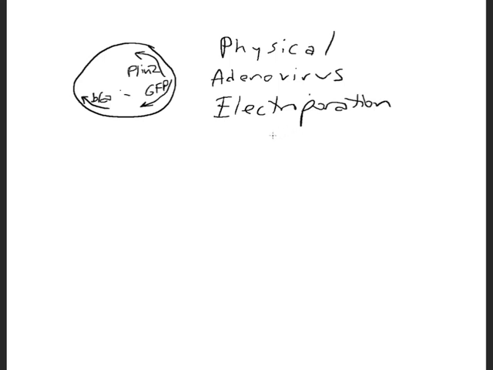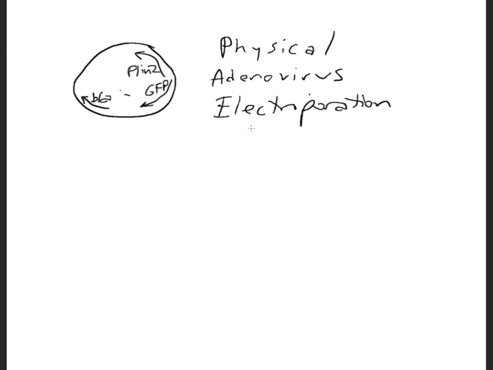Because what happens when you electrocute the cells, it's very much like the heat shock method for bacteria. It temporarily allows the cells to have these little cracks. It pushes the DNA into the cell, and then it closes up.